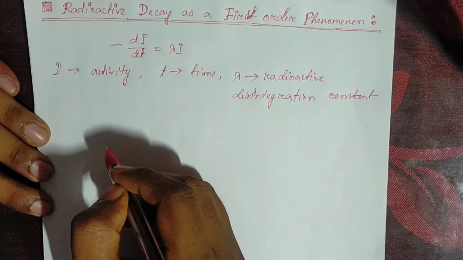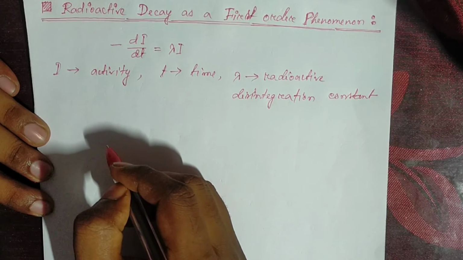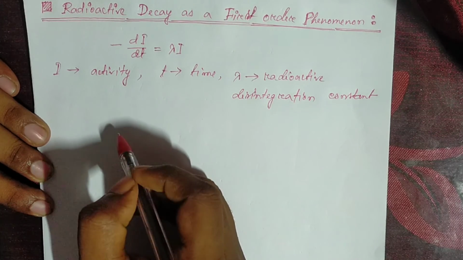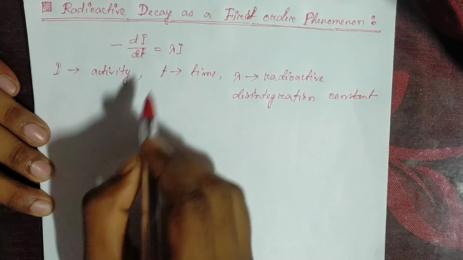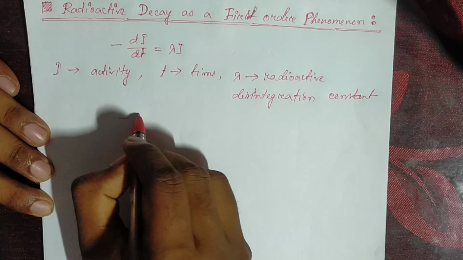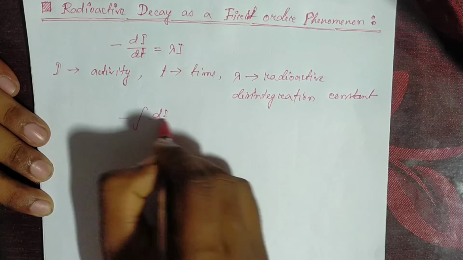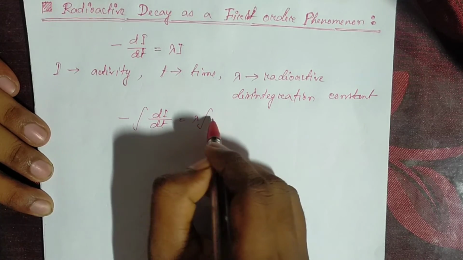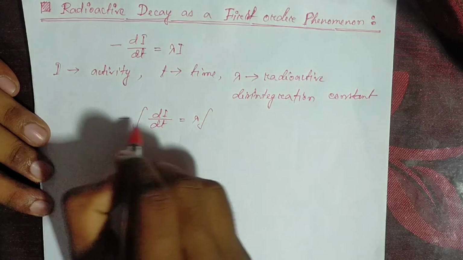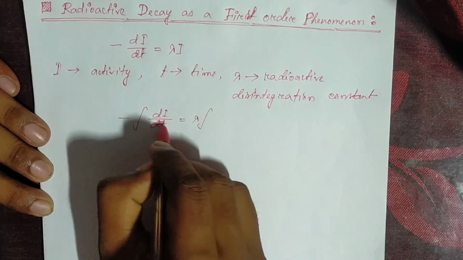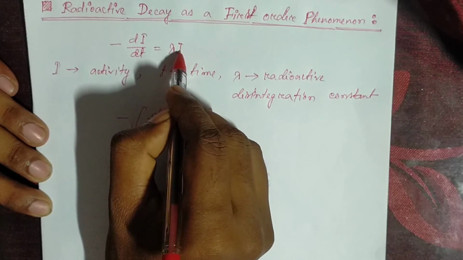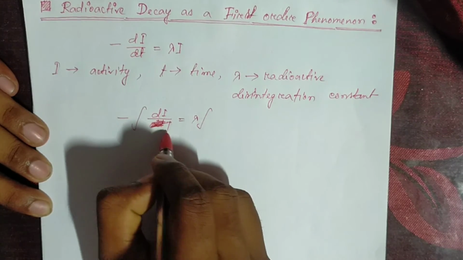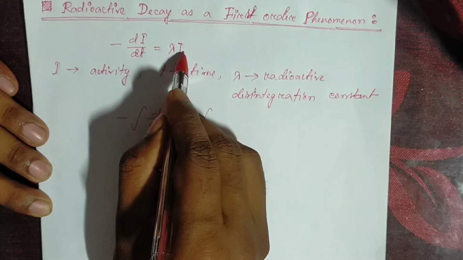Lambda is the radioactive disintegration constant. So when we integrate this equation, dI by dt is equal to minus lambda I. First of all, we have to bring this I to here, and dt will come here.